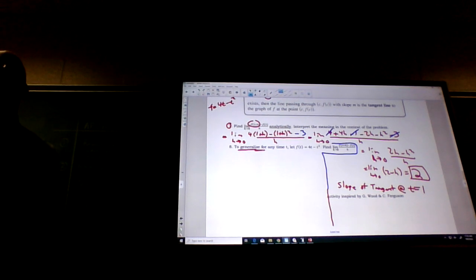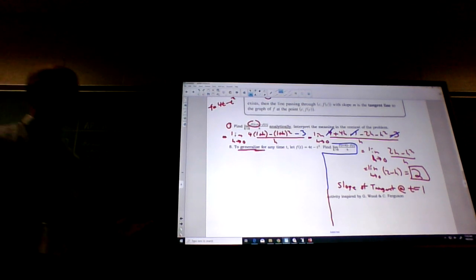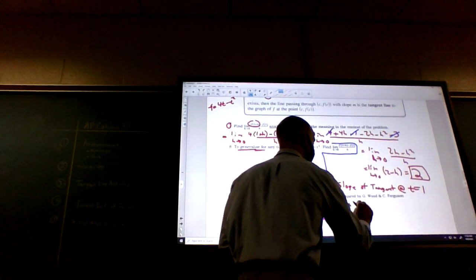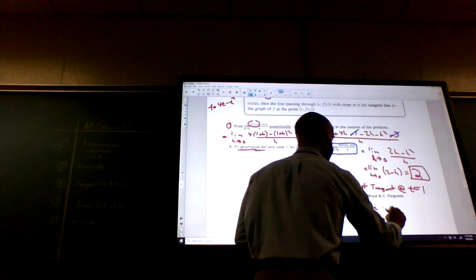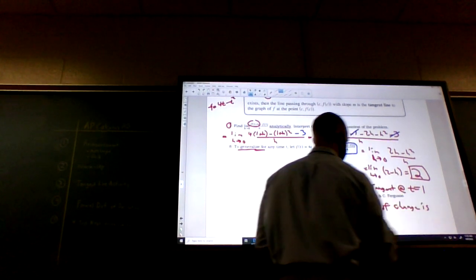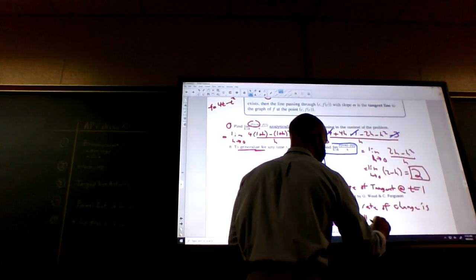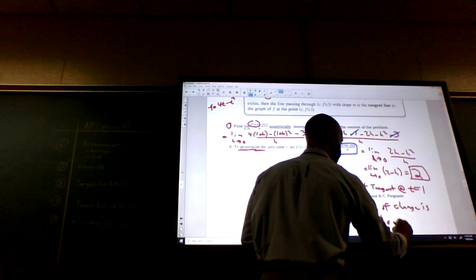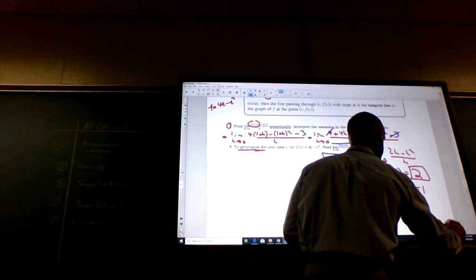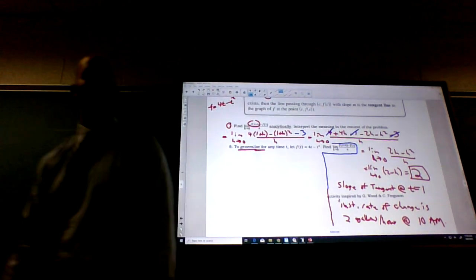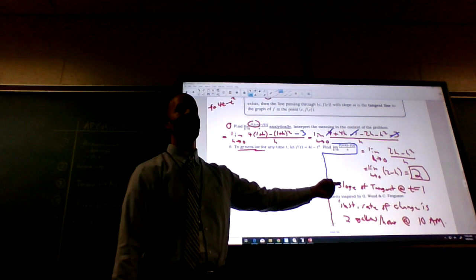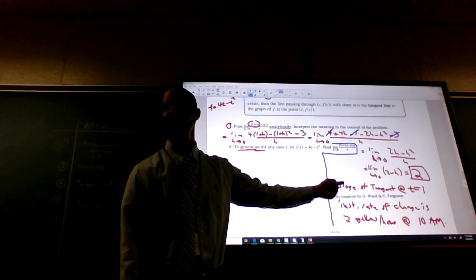Or in the application we're talking about, we're saying that the instantaneous rate of change is 2 gallons per hour at, what was it, 10 a.m.? That'd be for this particular problem, right? So geometrically, it's the slope of 2 when t is 1.